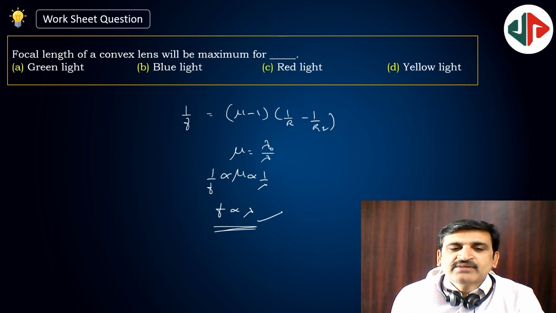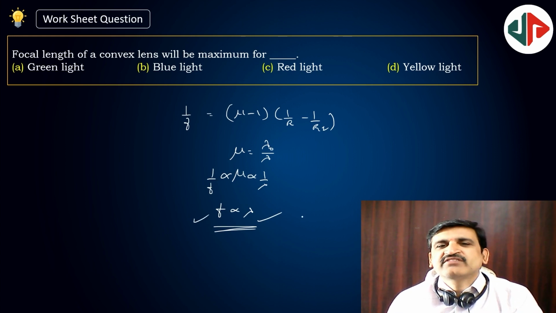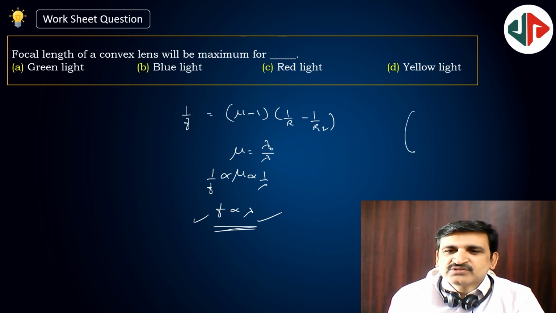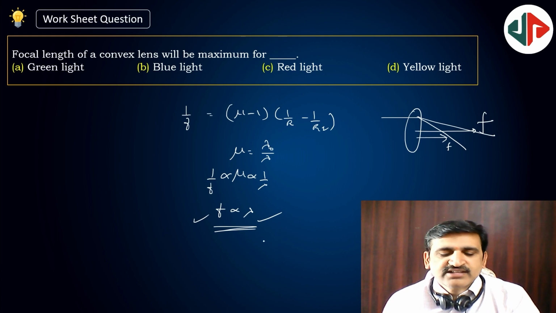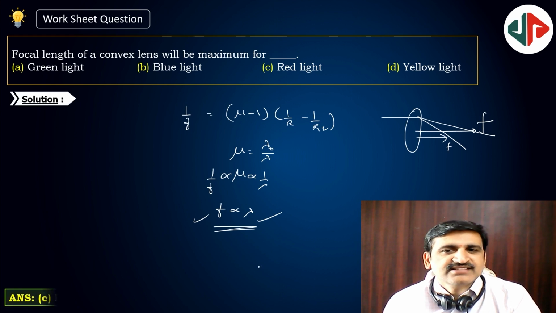So more lambda, more focal length. This is theory. Simply you can feel that the less bending one will have long focal length. Suppose one has bent like this, one has bent like this; whose focal length is short? This one has short focal length, this has long focal length, isn't it? So here red light is the answer.